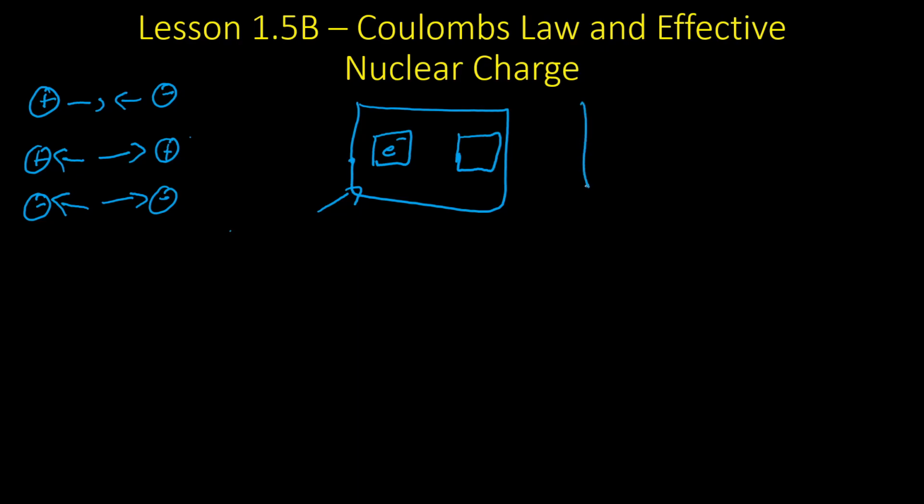Now, what happens if I take that electron and I'm going to add another electron to this universe? Well, now this electron has to make a choice. Do I go where the first electron is, or do I go where there is no electron?